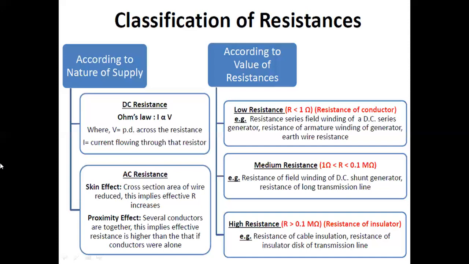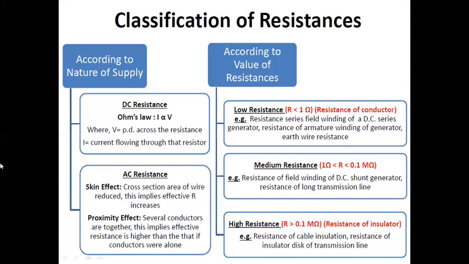There are two ways to classify the resistance. First one, according to the nature of the supply. According to the nature of the supply, we can have DC resistance and AC resistance. We already know the resistor does not have any polarity. The current can pass to and fro through the resistor.